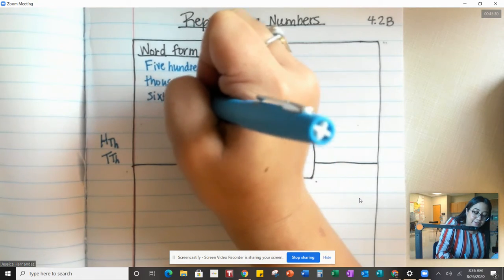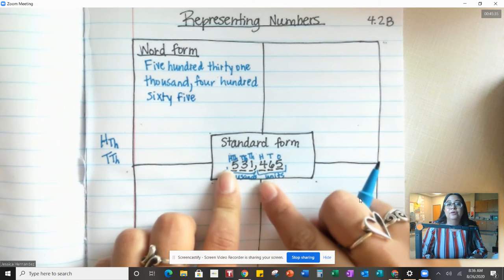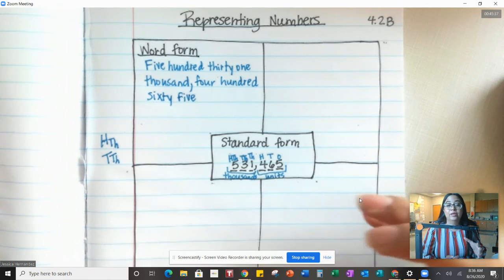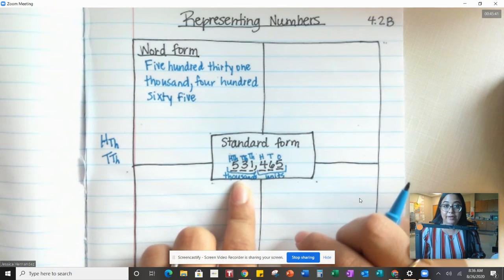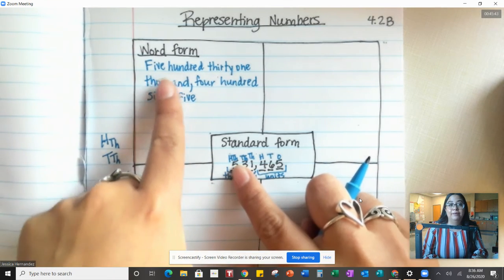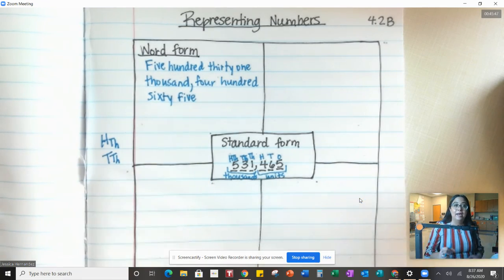So that's what I always tell kids. As long as you know how to read 3 digits at a time to the hundreds place, you always know how to say really big numbers. All you have to pay attention to is the periods after that. So here we have 531,465. So that's a match.